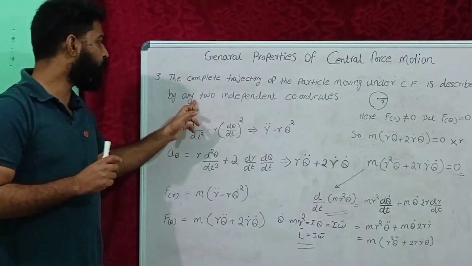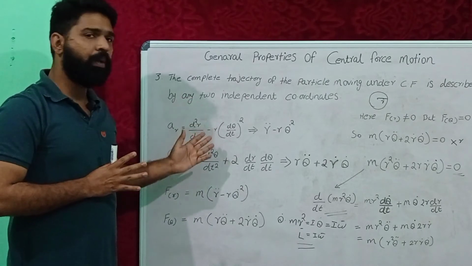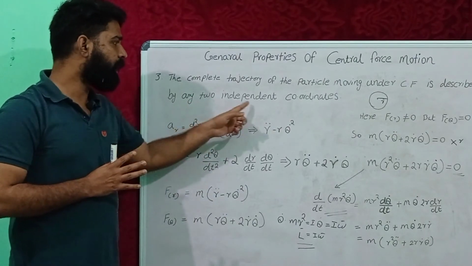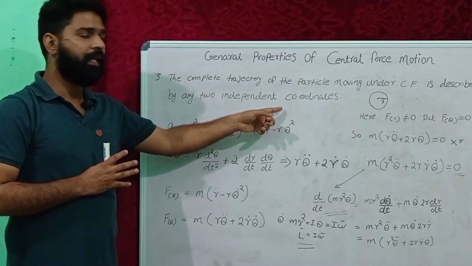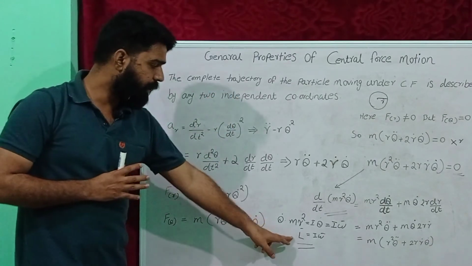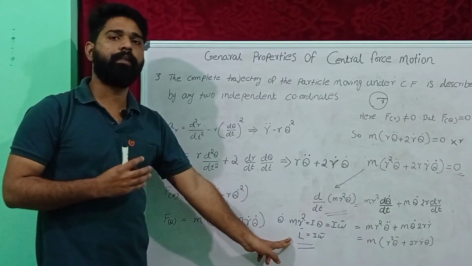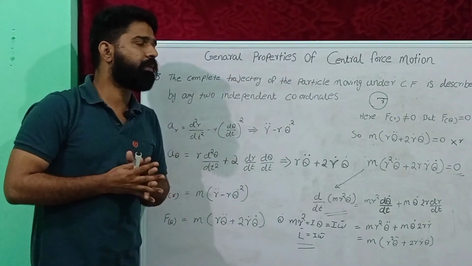We started with two independent coordinates. When we consider these two independent coordinates and solve the problem, finally we get that angular momentum is conserved in the case of central force motion.